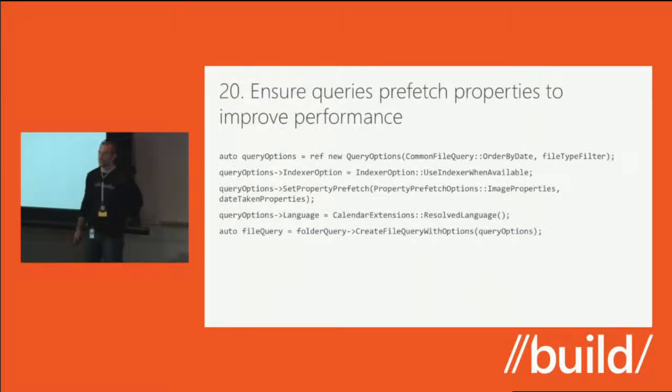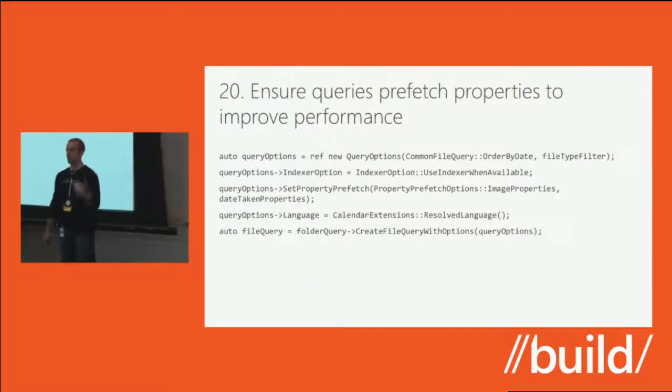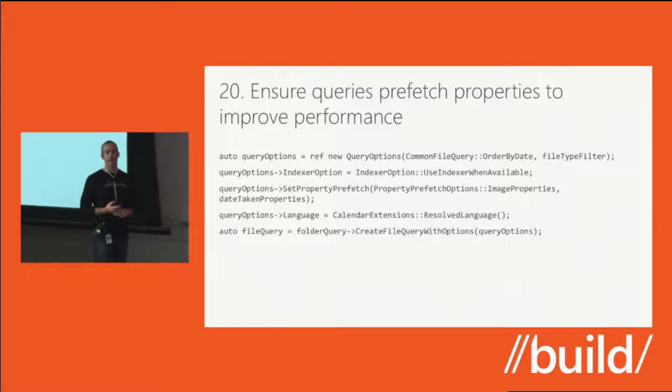But you want to make sure that you get good perf. There's a thing called bulk access queries that you can do because we were getting a lot of stuff. There's an indexer that you can turn on and off, so that when it's available you will use it. And you only prefetch the things that you care about. We cared about a thumbnail image, the name, and the date, so we only said, give me the things that I care about.